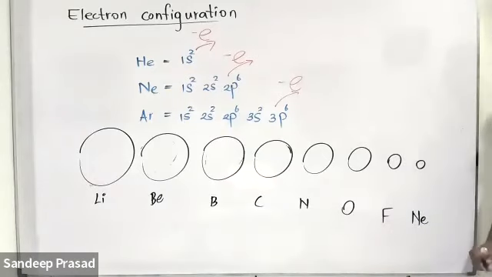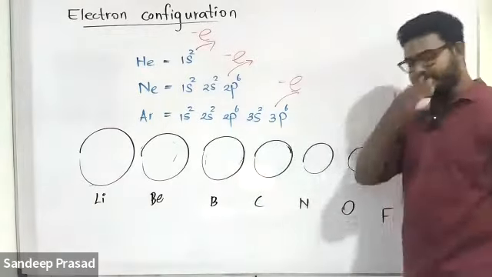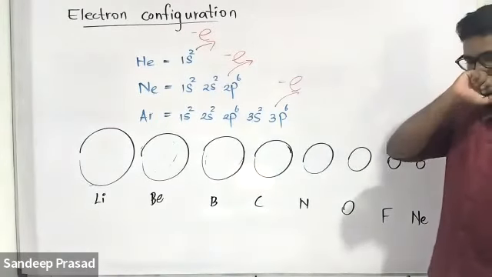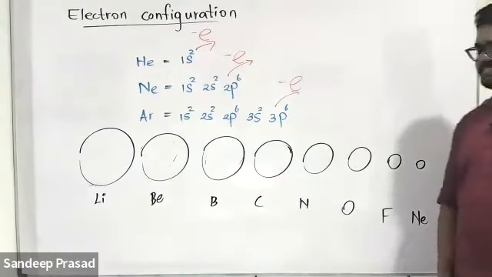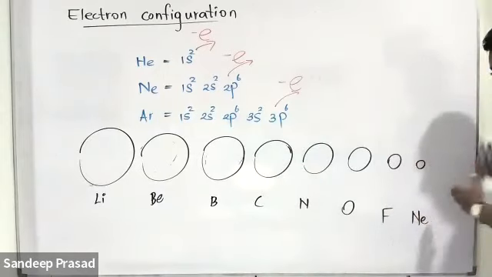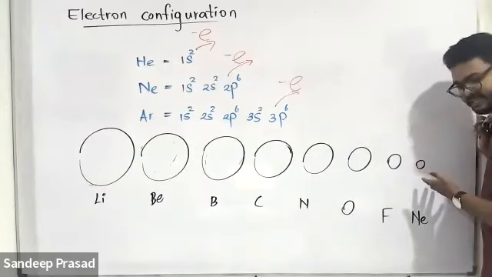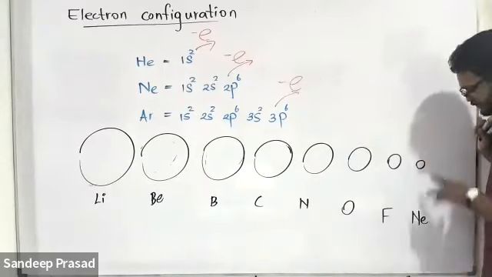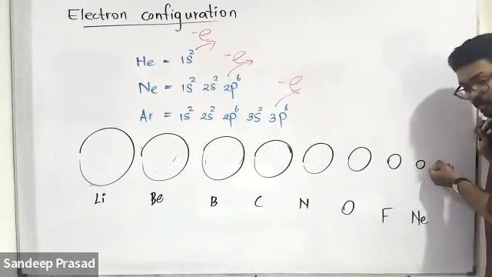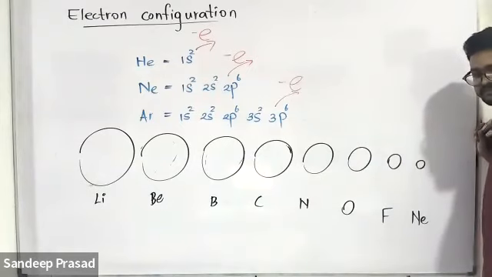Look at this. Along the period, atomic radius is decreasing. I told you how radius affects ionization energy. Along the period, radius is decreasing. Therefore, ionization energy is increasing. So you can see that neon has the highest first ionization energy in that period.